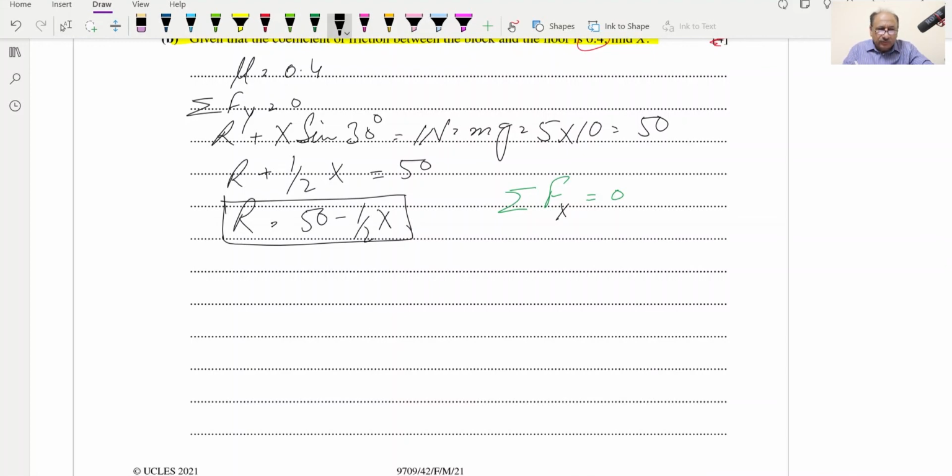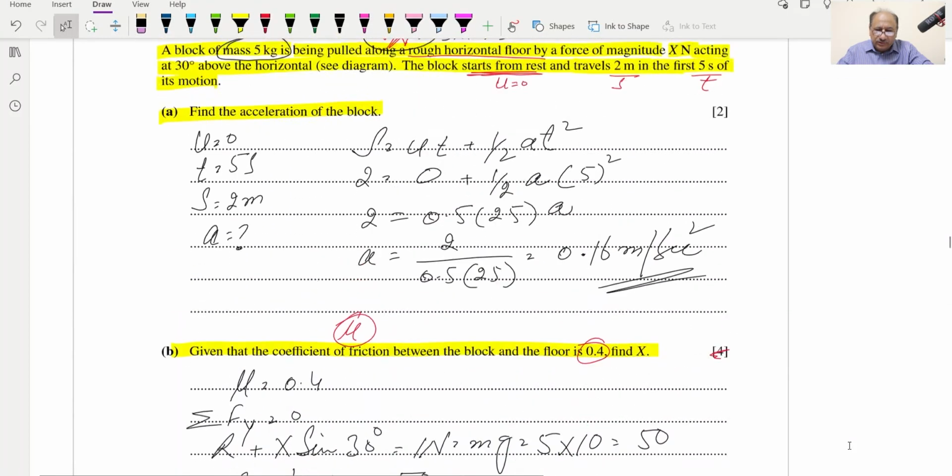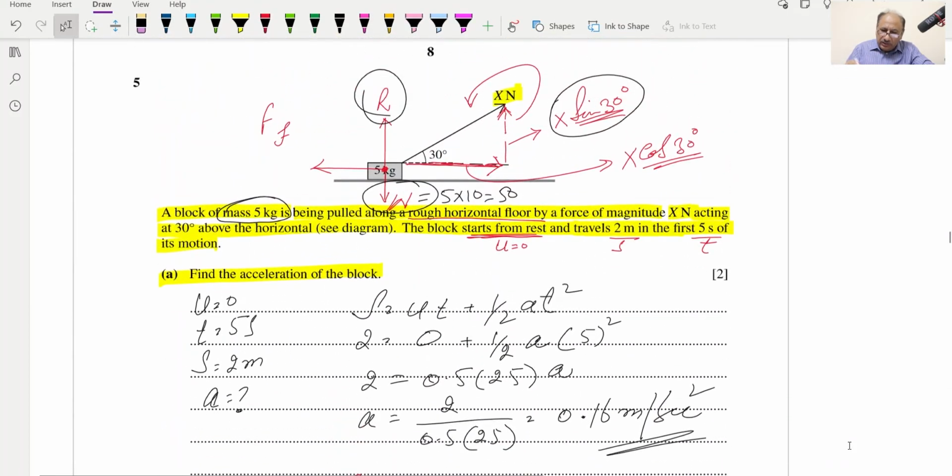So we check the x-axis forces: the rightward force will be this one, and the leftward force will be this one.